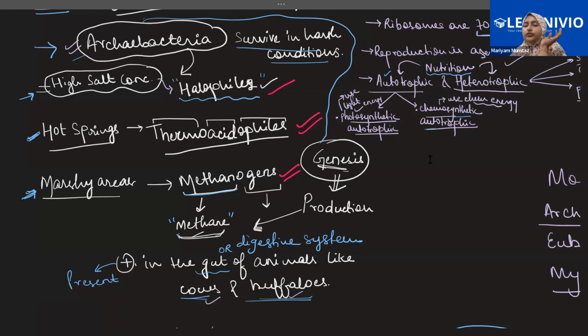First explain autotrophic. Anyone can answer. Autotrophs produce food, like nutrition, from water and carbon dioxide. Okay.